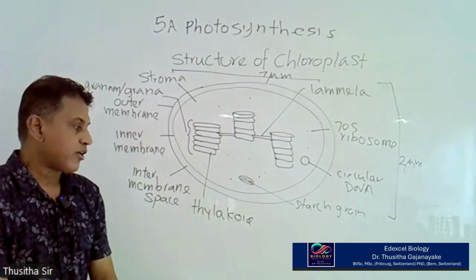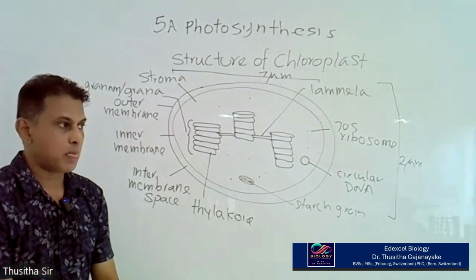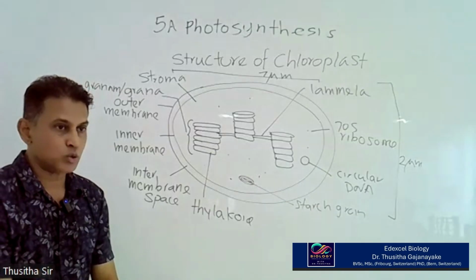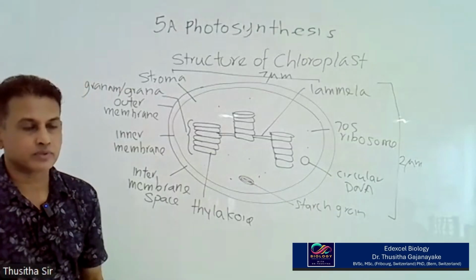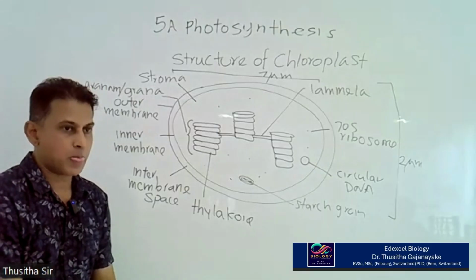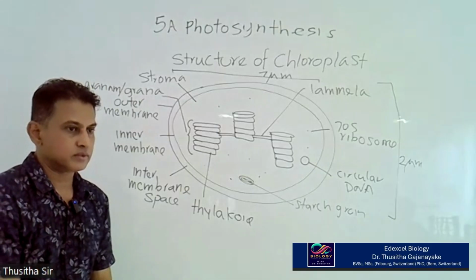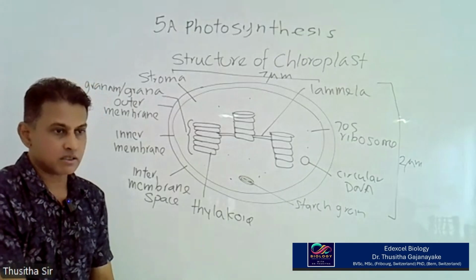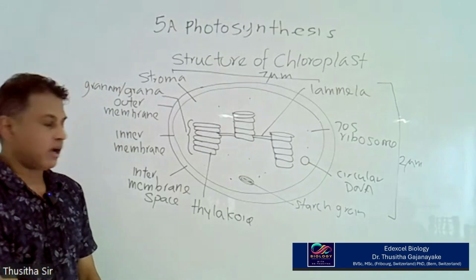Thylakoids are organized into columns known as grana.